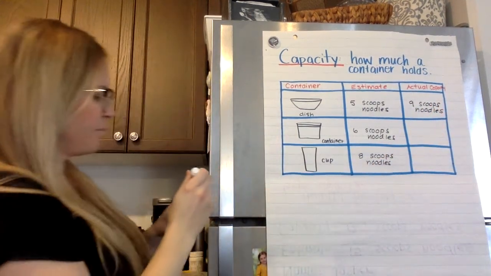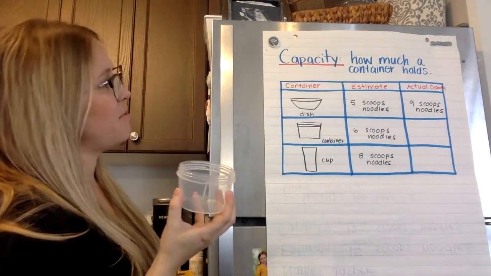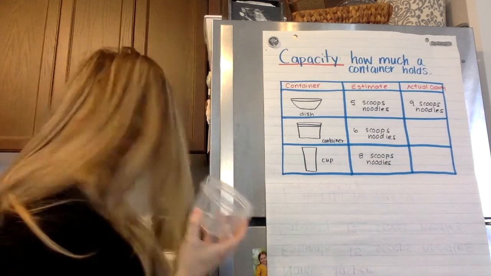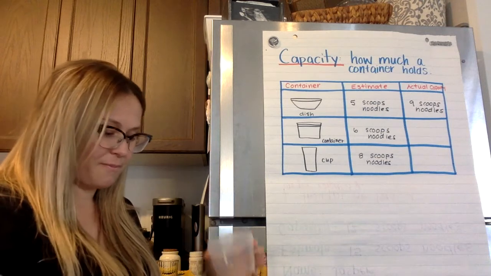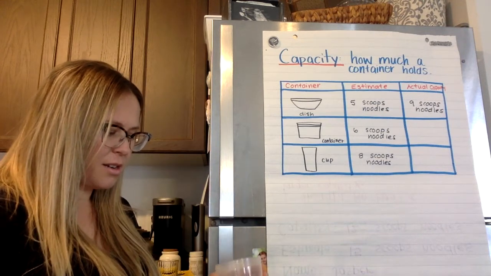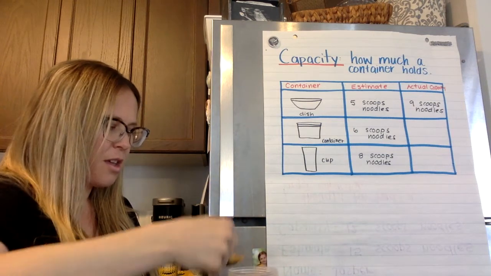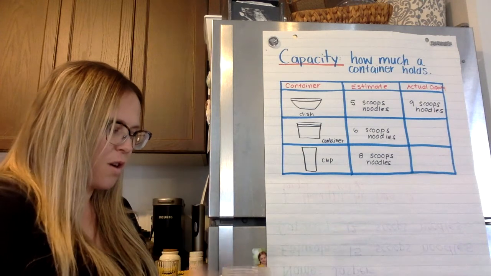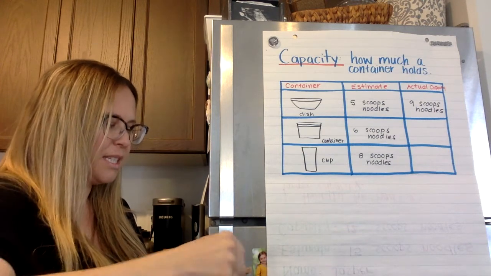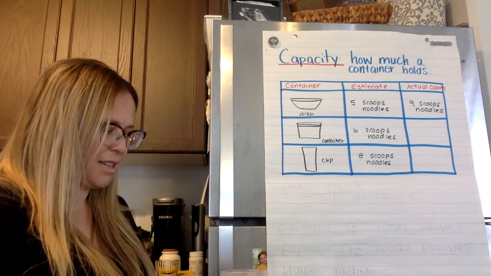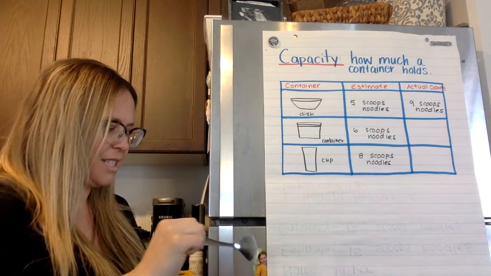Okay, let's see. So if I thought that this one was going to be even more, maybe it's going to hold 10 scoops. Let's count it out and see. So I guessed 6 scoops. 1, you see that? 2, 3, 4, 5, 6, 7, 8, 10.